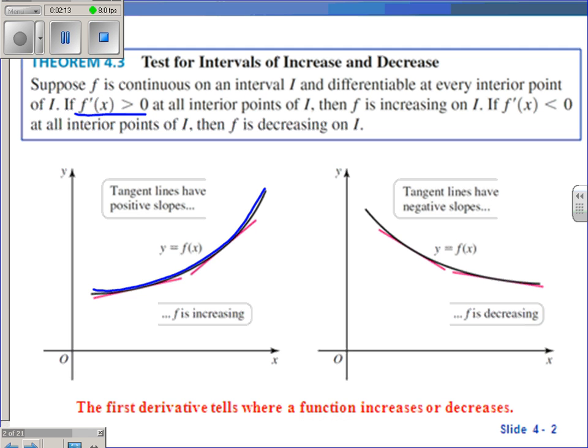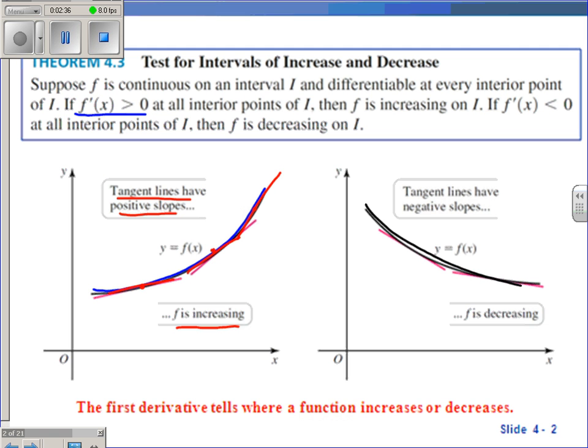Okay, so now look at every tangent line for any point on that interval. Every one of those is going to have a slope that's positive. So all the tangent lines have positive slopes when a function is increasing. Now let's say we have a graph of a function.